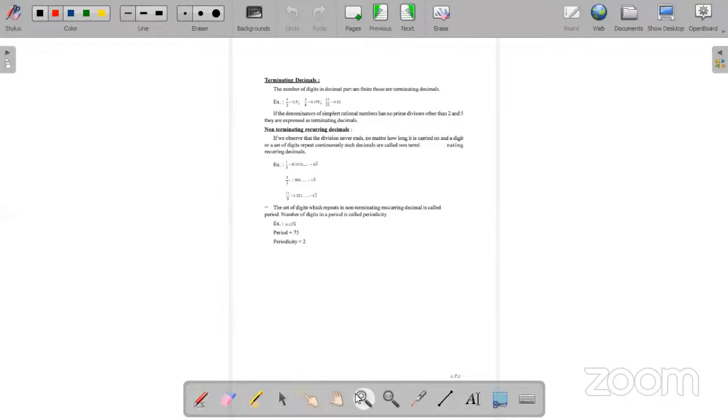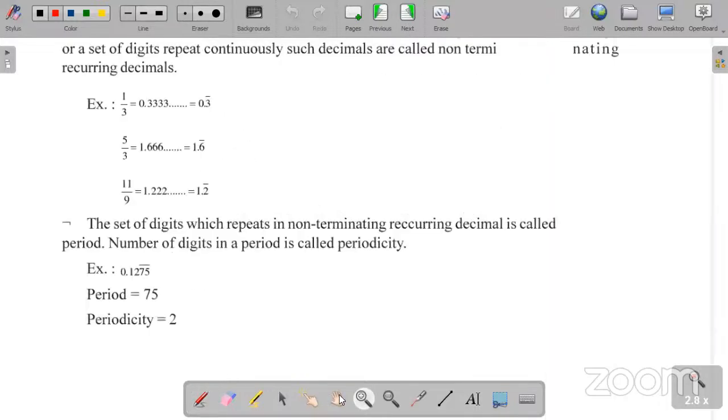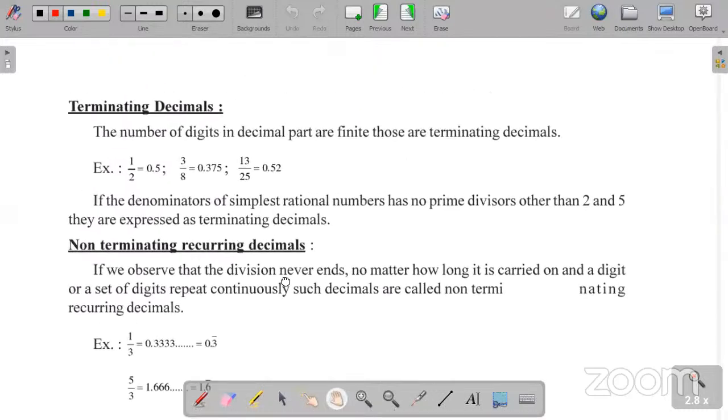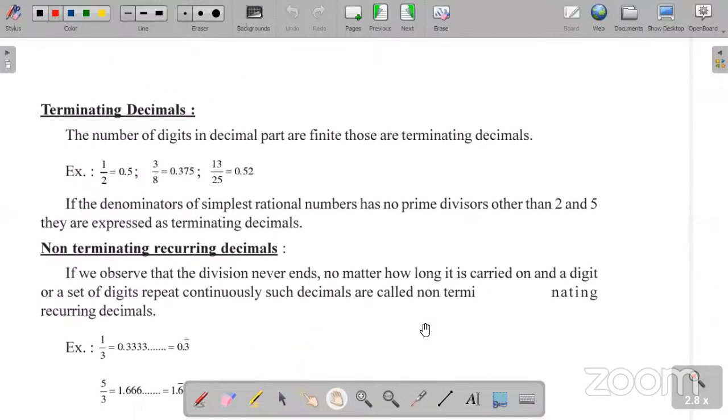Okay. Next point: terminating decimals. We have already discussed the examples. The number of digits in the decimal part is finite. Those are called terminating decimals. For example, 1 by 2 we can write as 0.5.